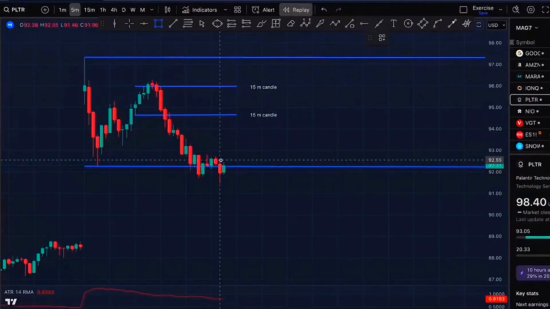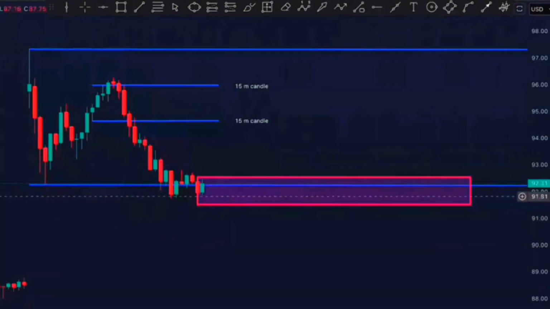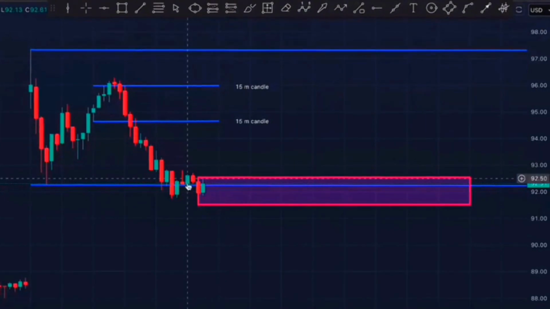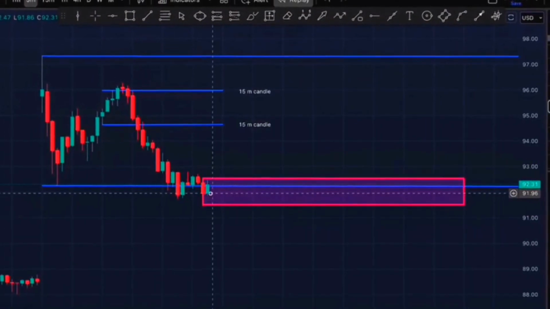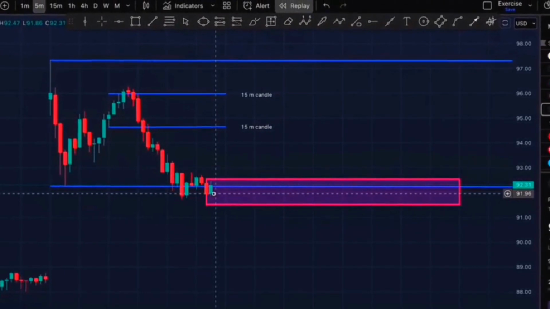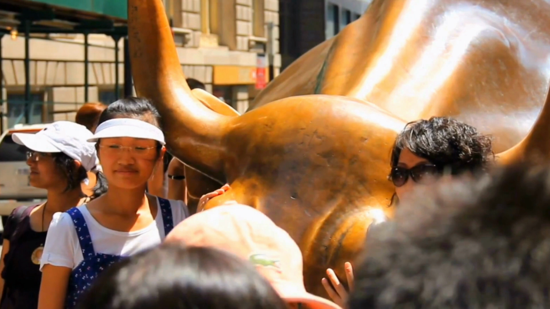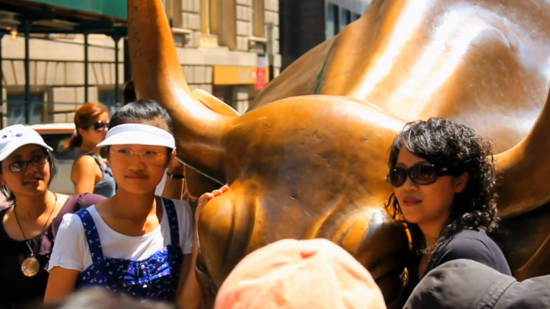Now we're going to go long because we already have the first bullish candle here. The market is about to go up. So now I come here, I take the long, place it here.